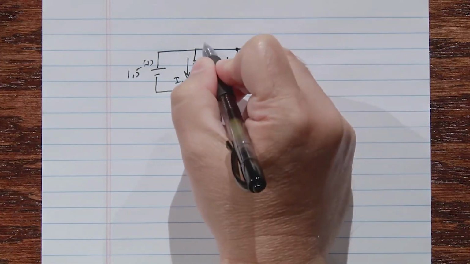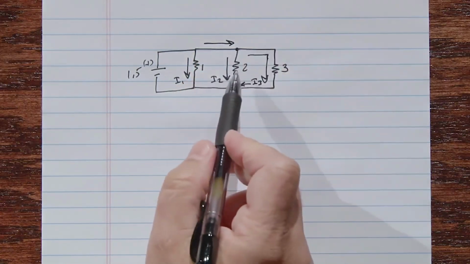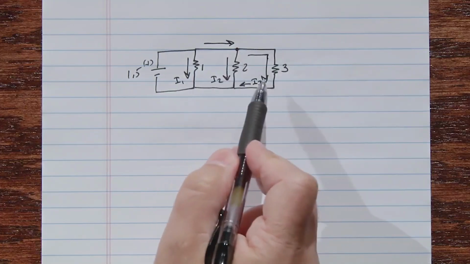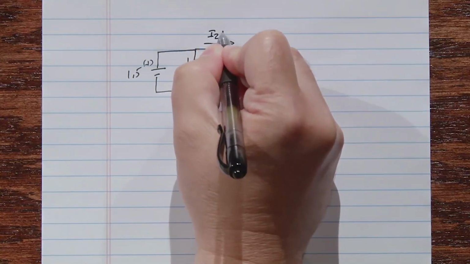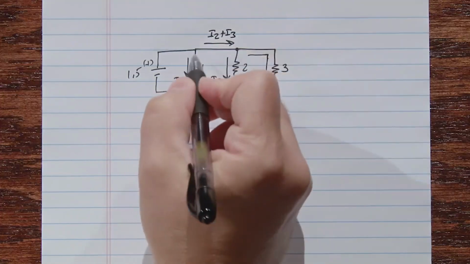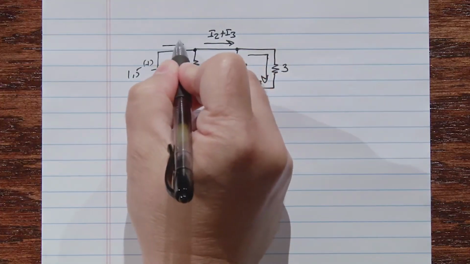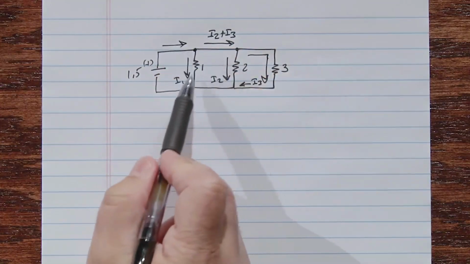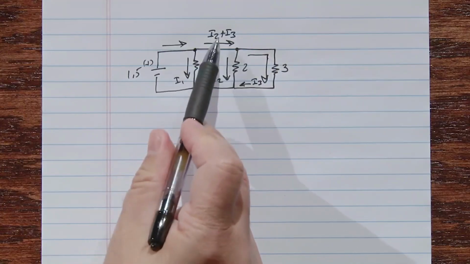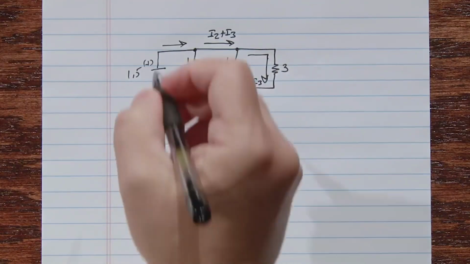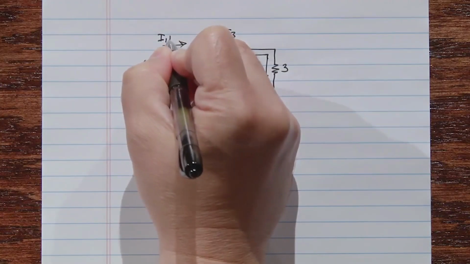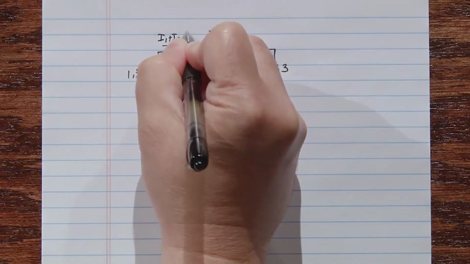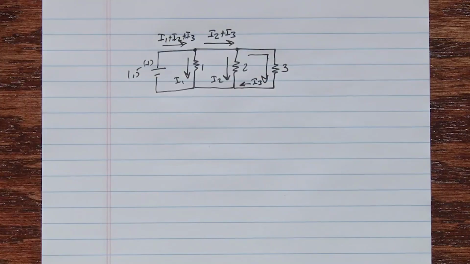So at this point, we must have a current going into this point that's equal to I2 plus I3. So I'm just going to write I2 plus I3. And at this point, we must have a current flowing in that's equal to I1 plus I2 plus I3. So the current coming out of the battery is I1 plus I2 plus I3.